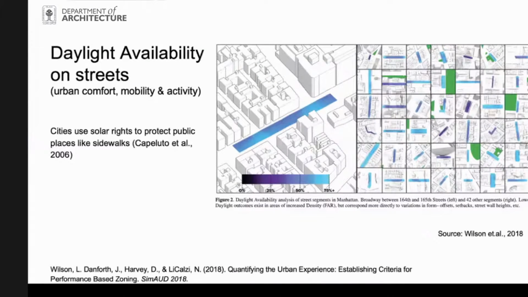People also try to assess mobility on streets, because it increases urban comfort and mobility, and also activates the streets. Currently it's known as solar rights, to protect public space like the sidewalk.